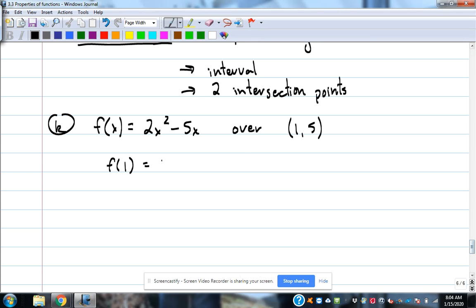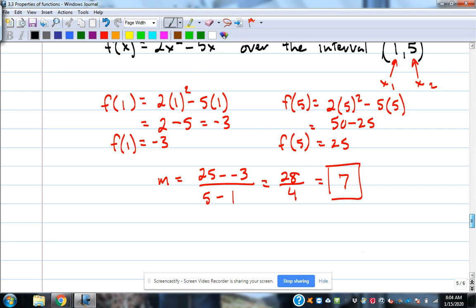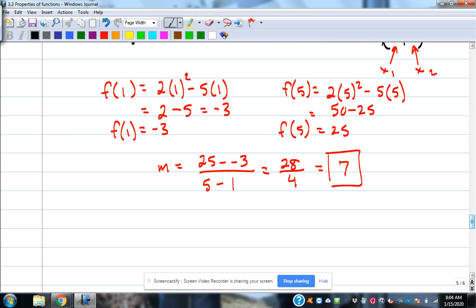So all that work that we did yesterday, not in vain here. Let me make sure of those numbers. f of 5 is 25. Yeah, that's right.